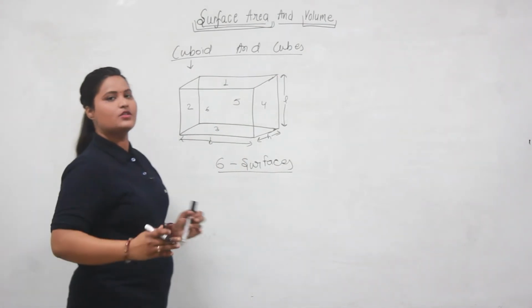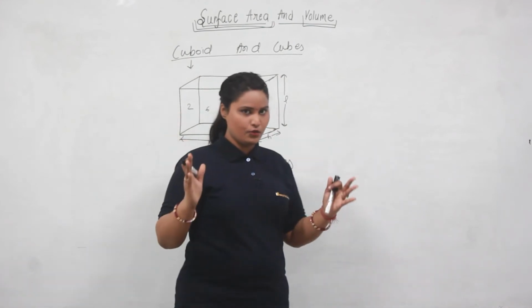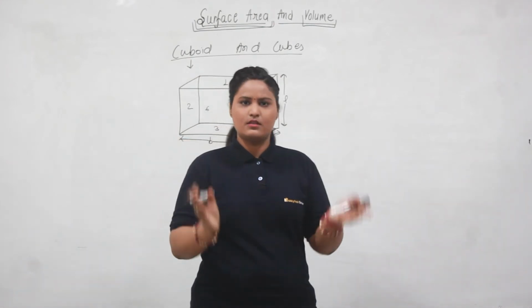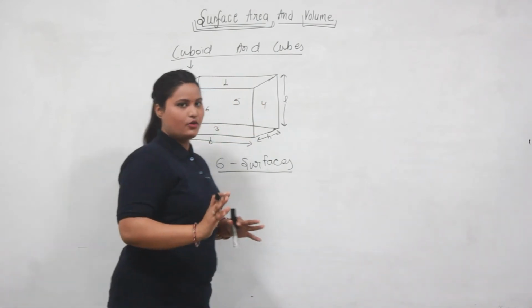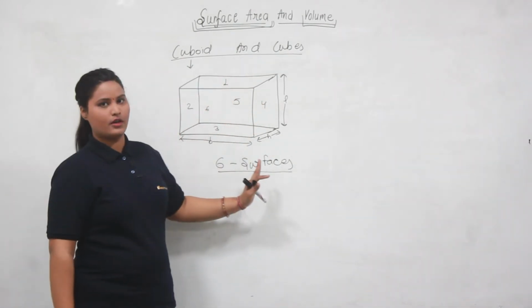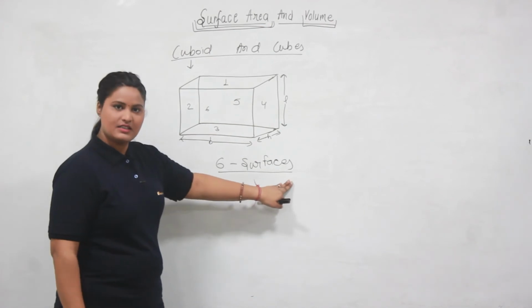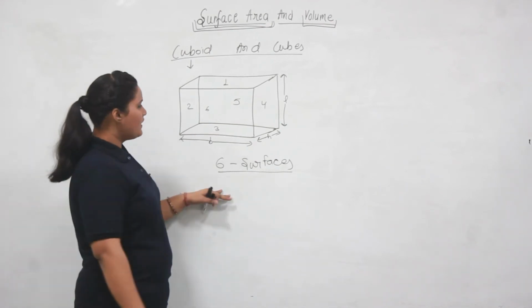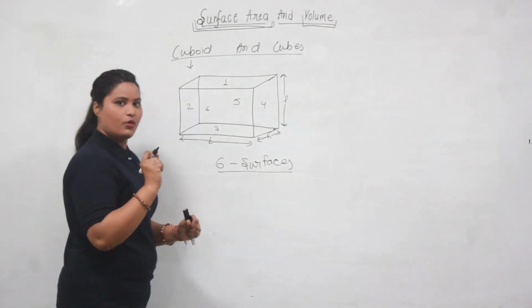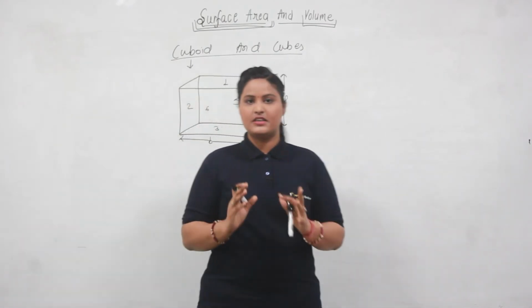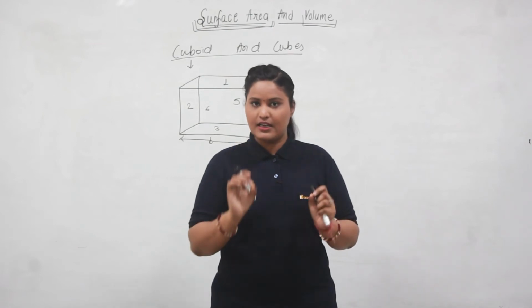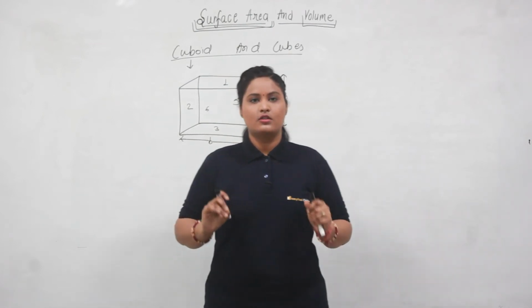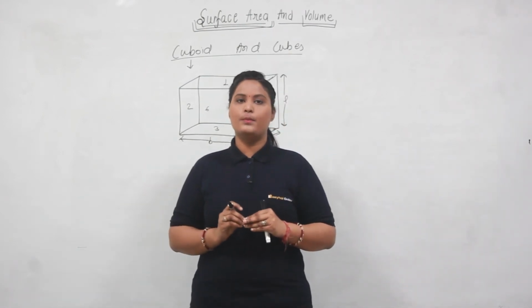You can easily visualize if you are sitting in a room and imagine a room or a closed rectangular box, so you can easily visualize what kind of surfaces I am talking about. So here we have 6 surfaces. Now edges. If I am sitting in a room, in lame language I will say corners. How many corners are there in your room?